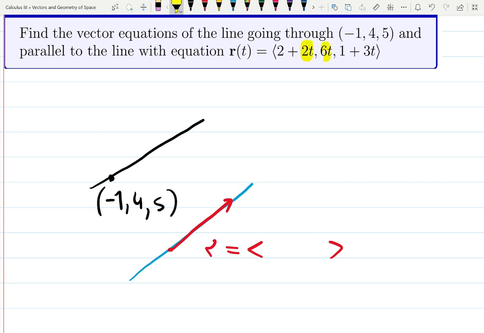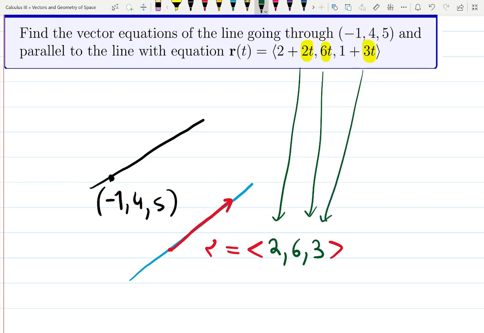I need to see these t pieces, because that is the slope. These other pieces just give me the beginning point, and I don't care about that. If I only care about the direction, I will do 2, 6, and 3. Does it make sense? It came from here. So this is my R. This is R of t. Let's call this S of t.